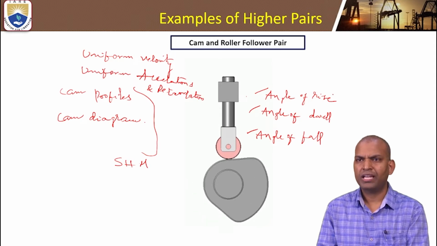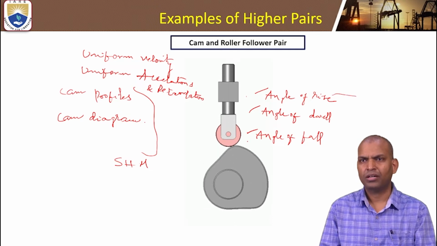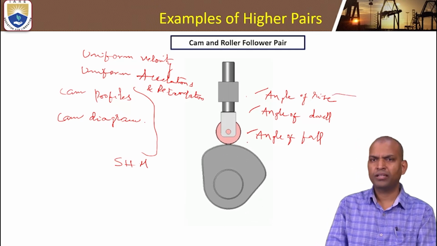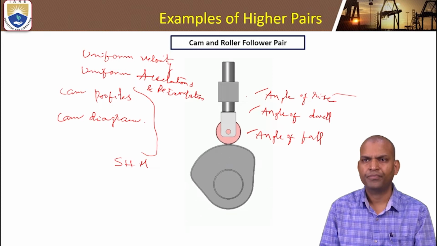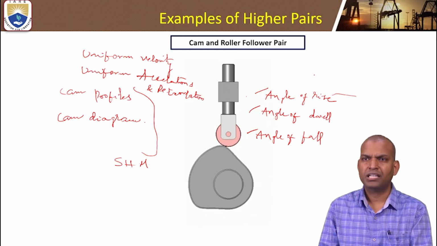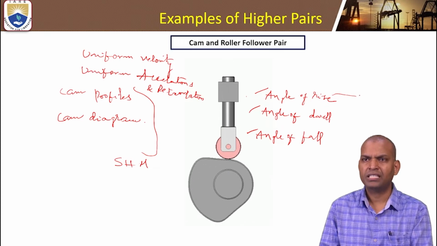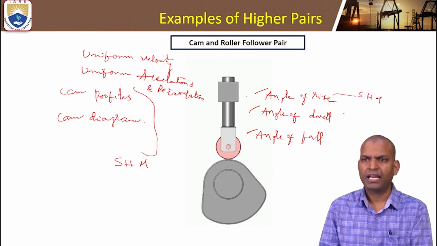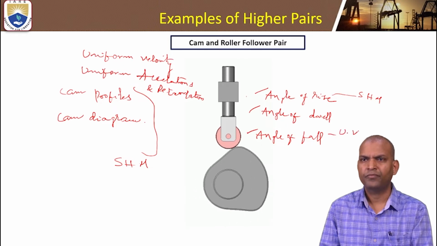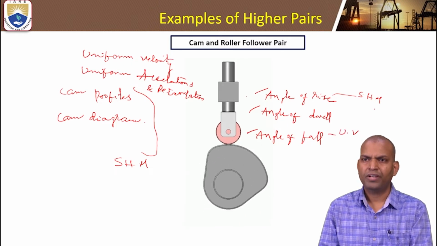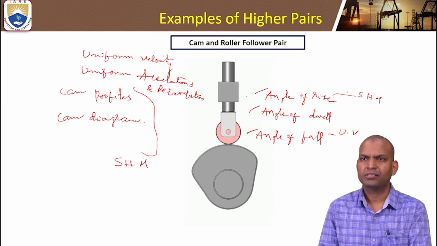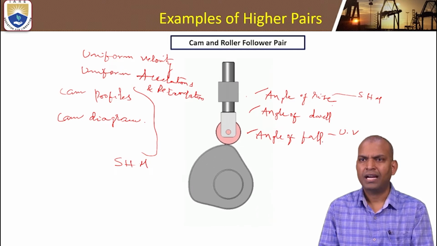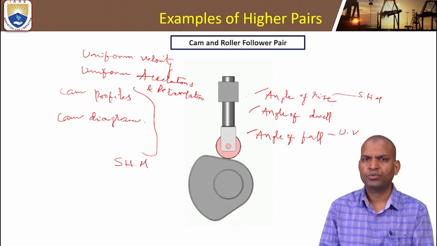Suppose for the angle of rise, with different combinations of the motion of the follower, we have to draw the cam diagram. The case studies can be: during angle of rise it can be SHM, during angle of dwell it remains the same, and angle of fall can be uniform velocity, or vice versa. During angle of rise, uniform velocity, and angle of fall can be simple harmonic motion.